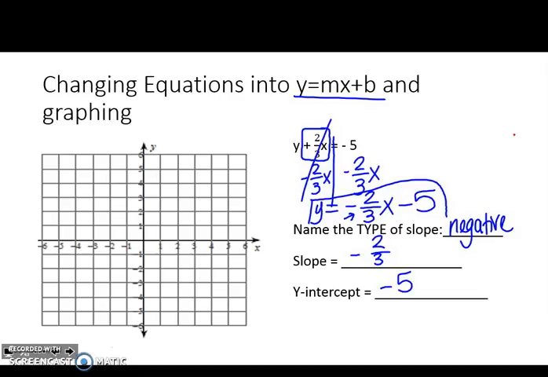So I plot my y-intercept first, and then I use my slope, up 2 left 3, up 2 left 3, to graph my points. And when I'm done, I want to check that I got a negative line, and I did. So I'm done.